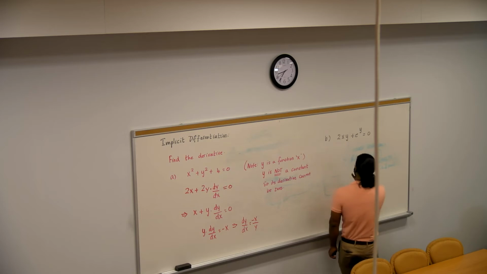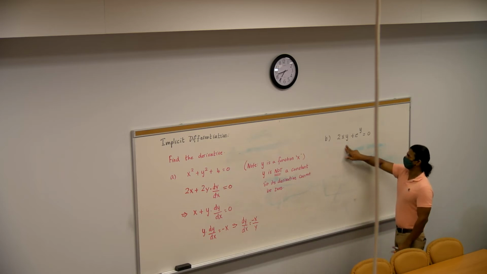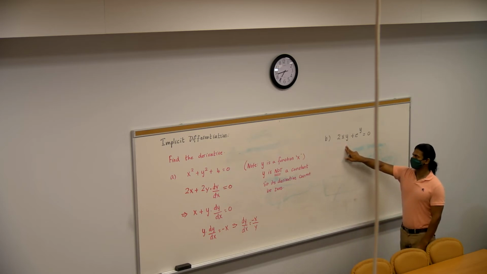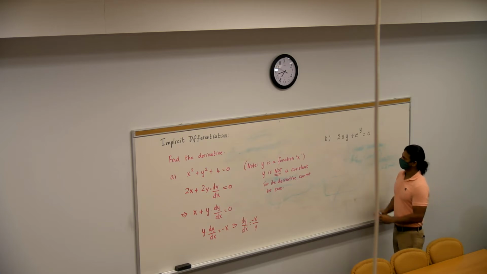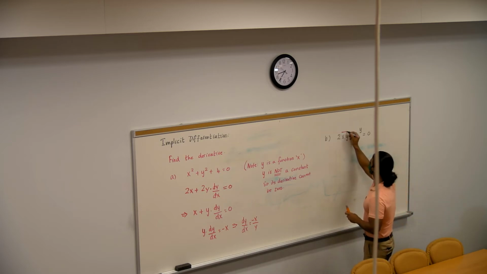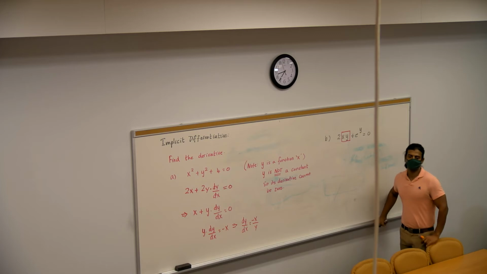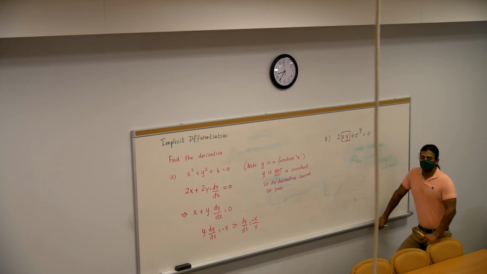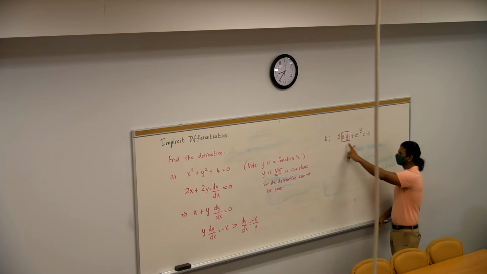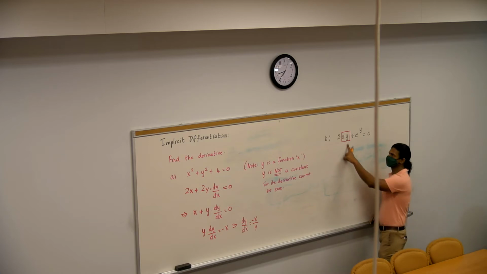So we want to find the derivative of 2xy plus e raised y. Now, note that xy is a product of two functions, x multiplied by y. Y is a function of x, so you cannot treat y as a constant.